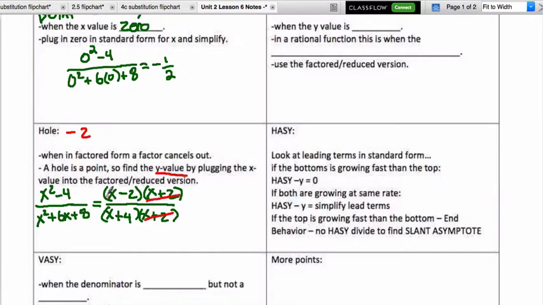So we're going to plug it into the factored reduced form: negative 2 minus 2 over negative 2 plus 4. I get negative 4 over 2, and so my y is also negative 2. Just note that it's a coincidence that they are the same. That's not always going to happen.